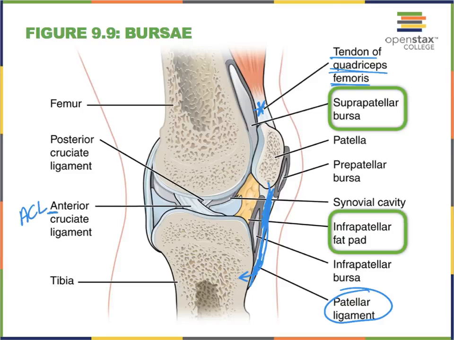That is the anterior cruciate ligament, cruciate referring to crossing over. And this one right here is called the posterior cruciate ligament. It sits posterior to the ACL. So sometimes people tear their PCL. More often than not, it's the ACL they damage.